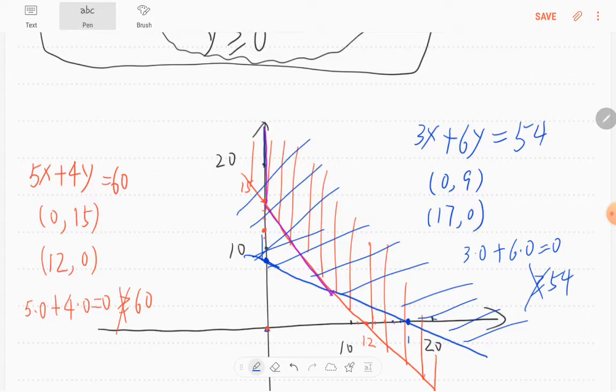Okay, so the final region would be in the first quadrant. This is called the first quadrant, right? Where x, y are non-negative numbers, so it should be here. So at last, the common region would be, this is the boundary of this region.